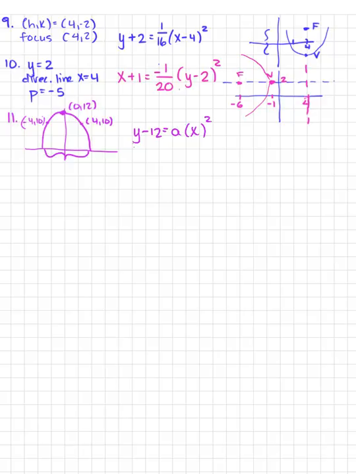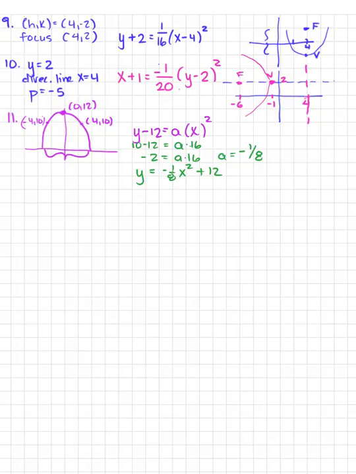This will be 10 minus 12, which is -2. That's going to equal a times 4 squared, which is 16. So we find out that a is -2 over 16, which is -1/8. And so here's my equation: y equals -1/8 x squared plus 12.